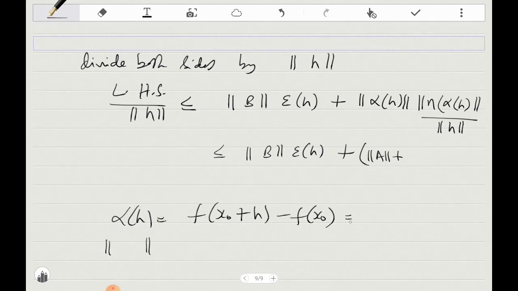So the norm of this would be less than or equal to norm UH plus operator norm of A times norm H. When you divide both sides by norm H, this would go away, and this would be epsilon H plus norm A. So that's what I'll use here.